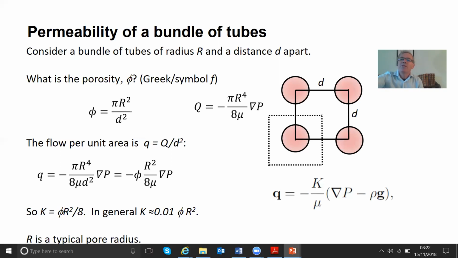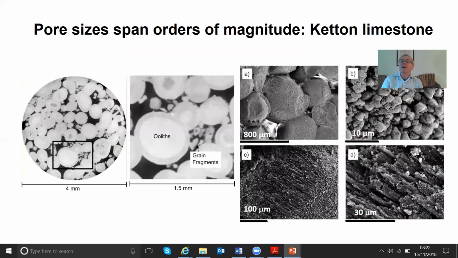So let's now look at what this means if we do look inside a rock. Some of the previous videos have shown images in 3 dimensions of Ketton limestone. Ketton is a quarry limestone. It's actually used for sculptures. It's an oolithic limestone. So essentially it has these carbonate balls, and then the gaps between them are, by consolidated rock standards, relatively large.